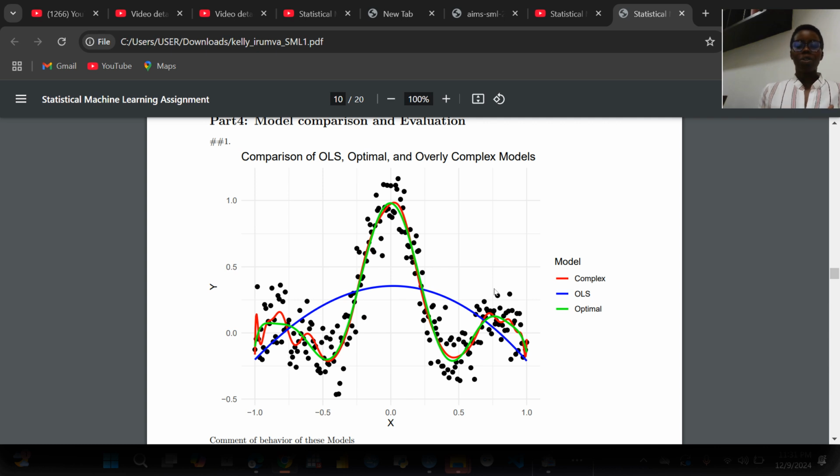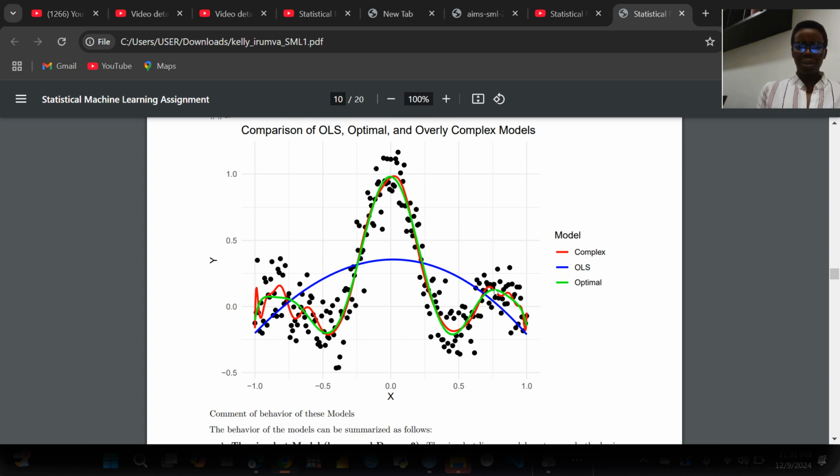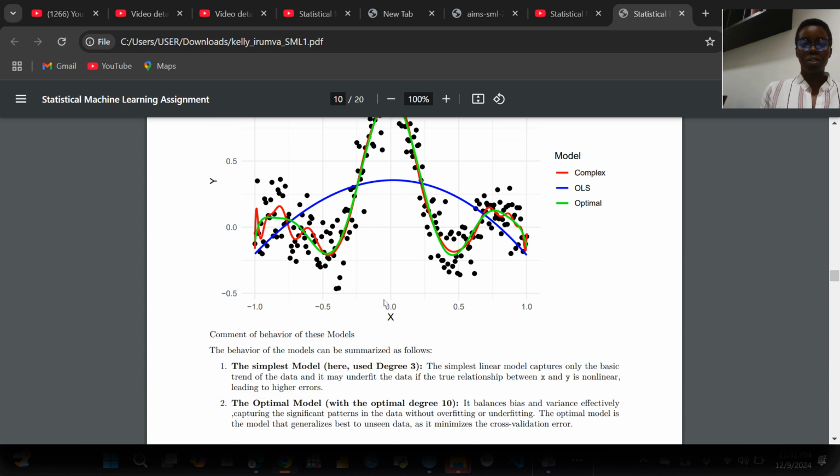With this plot, we can see that OLS, in blue, has higher errors, and the complex model in red memorizes the errors, and the optimal model seems like the best model as it generalizes the errors.